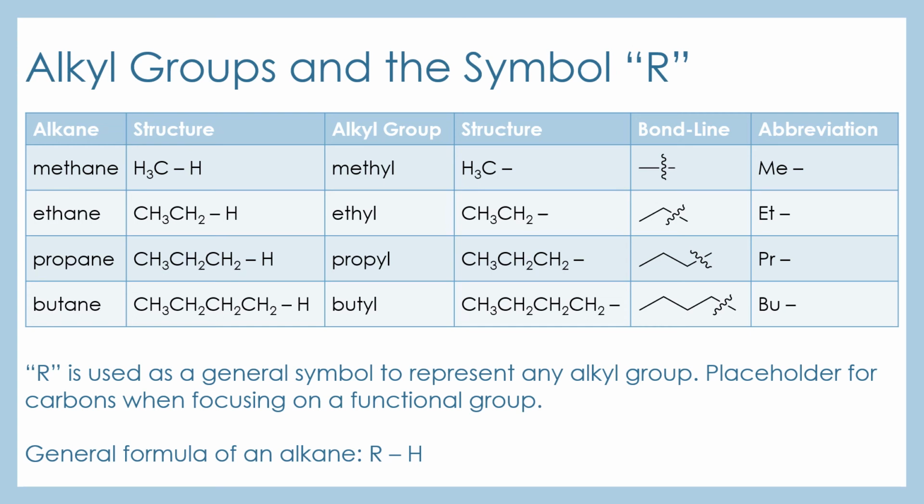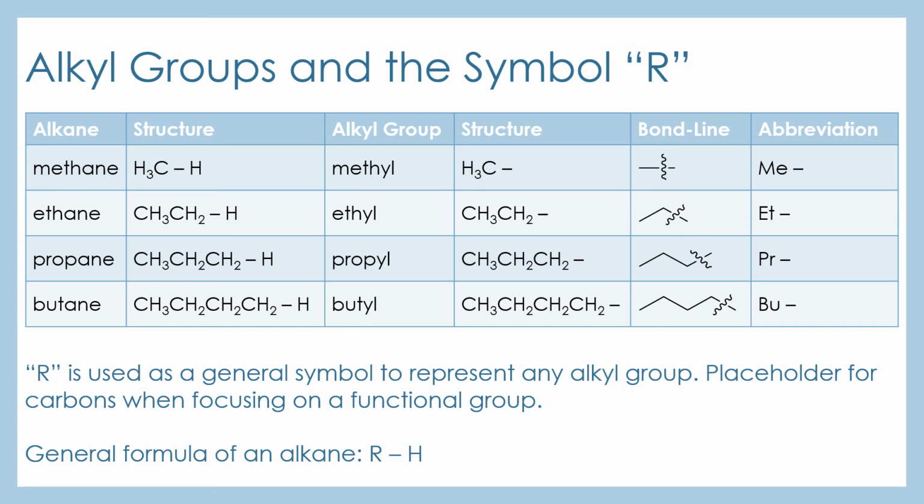Okay, so another thing that you'll see a lot in organic chemistry is the use of the symbol R. And R is usually used as a generic symbol to represent any alkyl group. It's a placeholder used for carbons when we're trying to focus on a functional group. And the reason I'm showing you this is because we're about to learn different functional groups.